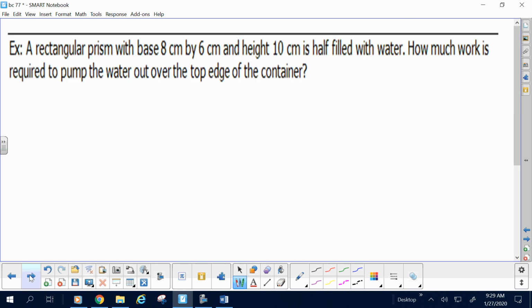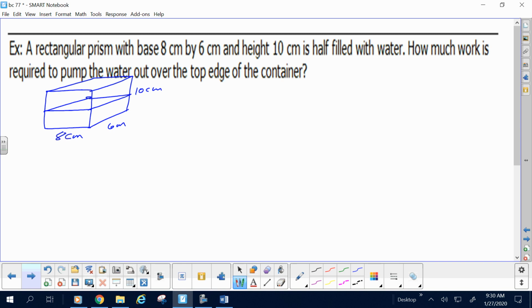Say you drew a rectangular prism of 8 centimeters by 6 centimeters and a height of 10 centimeters. It says it's half filled with water.